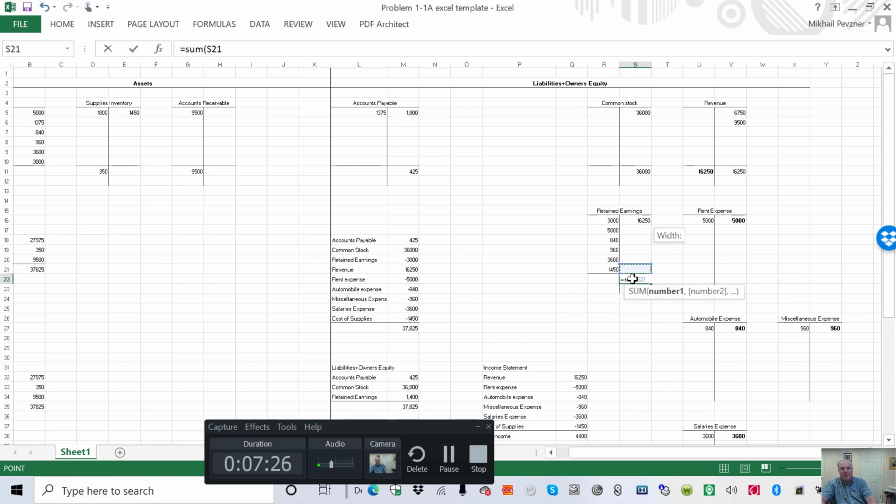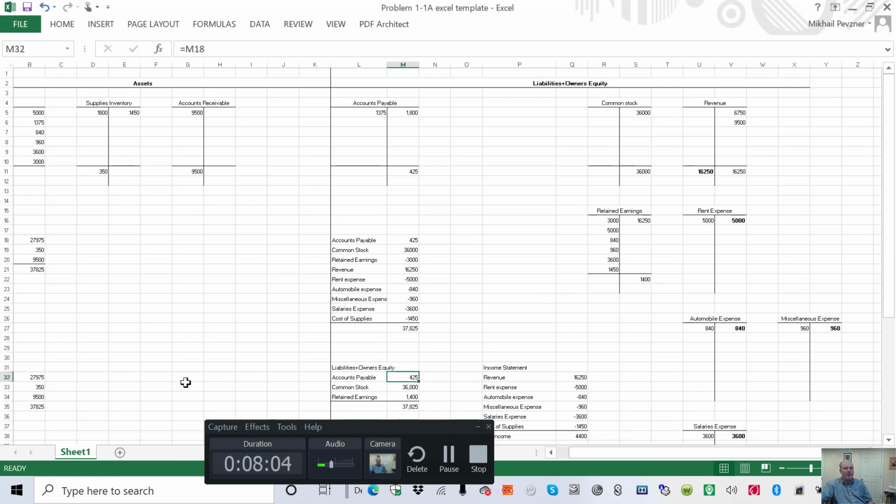Because it's a credit account. It's $1,400. And that, in fact, is the credit of $1,400 that gets carried over to the balance sheet. And that's what I have here.